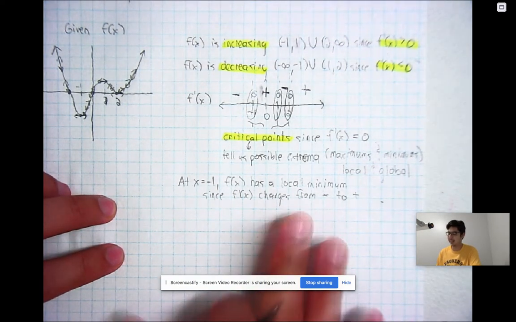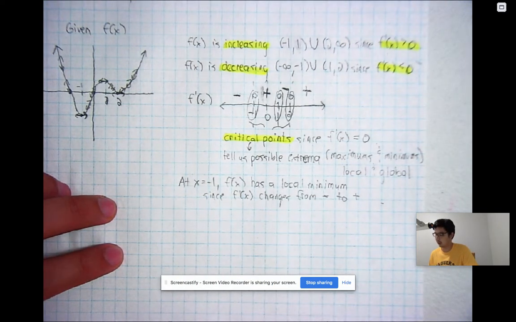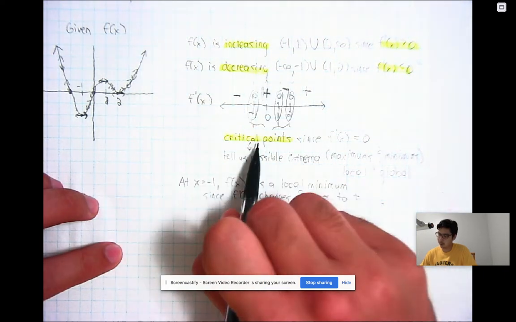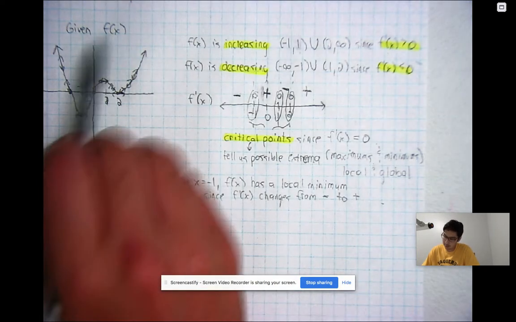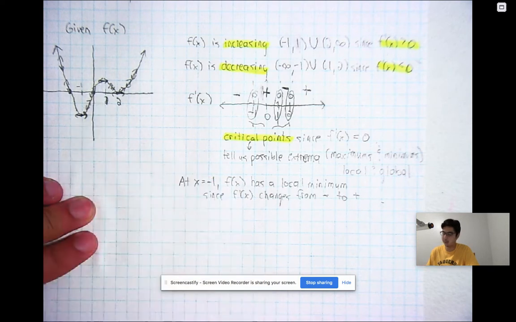And that's shorthand. It's not necessarily the best way to write it, but at this point, I want you to understand the concept. Right? So anytime a critical point of f prime of x changes from negative to positive, that means that f of x has a local minimum. You can see on the graph at -1, it's at a minimum. Slopes are changing from negative to positive.